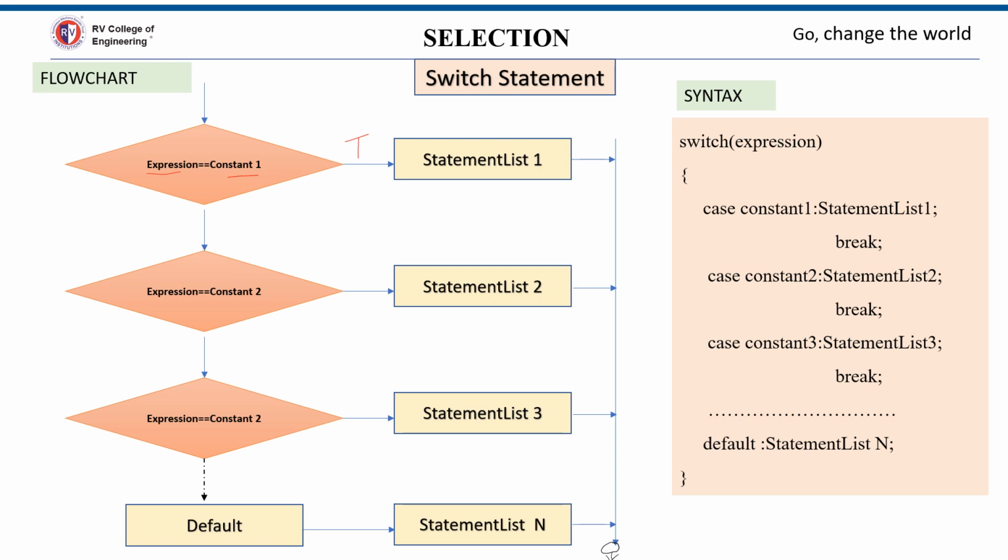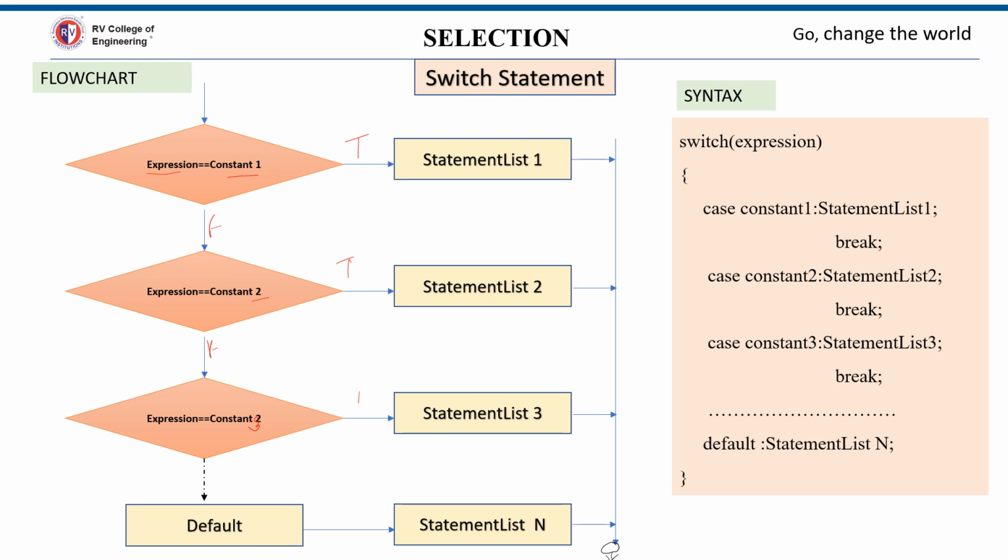If this is false, if the expression is not equal to constant 1, the expression is compared with the next constant. If it is true, statement list 2 are executed. After executing it, you come out of the switch block. If it does not match, if it is false, you check with constant 3, compare expression with the constant 3.